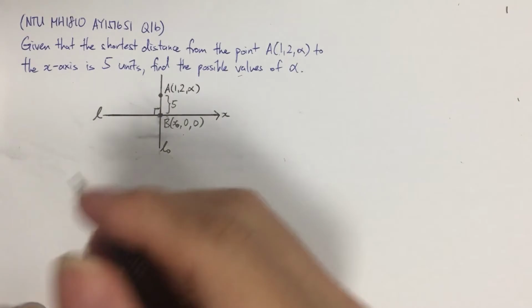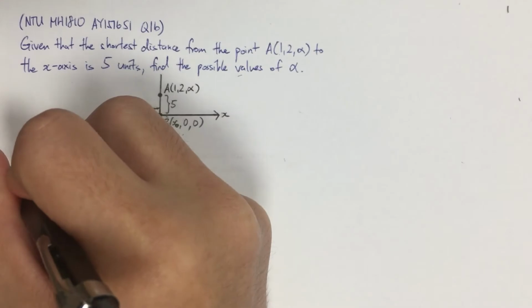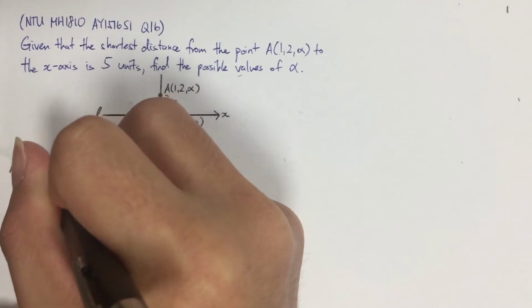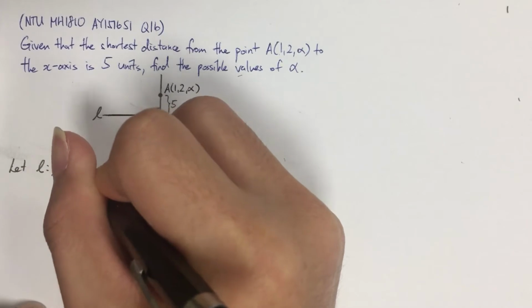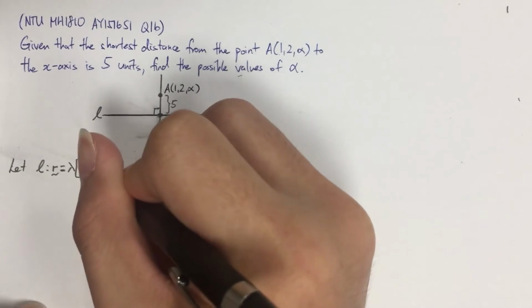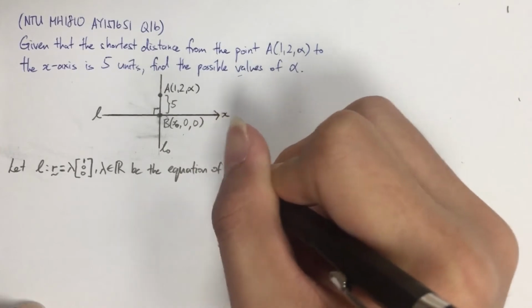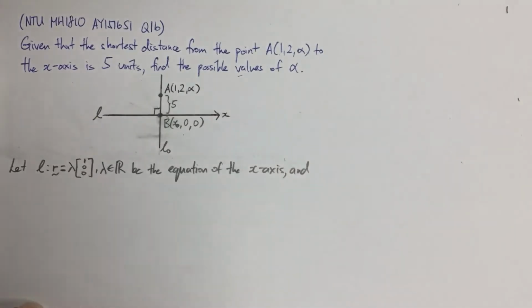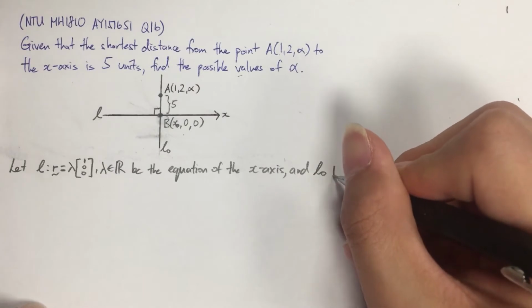So the equation of line L is easy enough to find because it is just the x-axis. Let L be the equation of the x-axis, which is r = λ(1, 0, 0), where λ is any real number. And then the equation of L0 is slightly harder to find, but let's just write it down first.